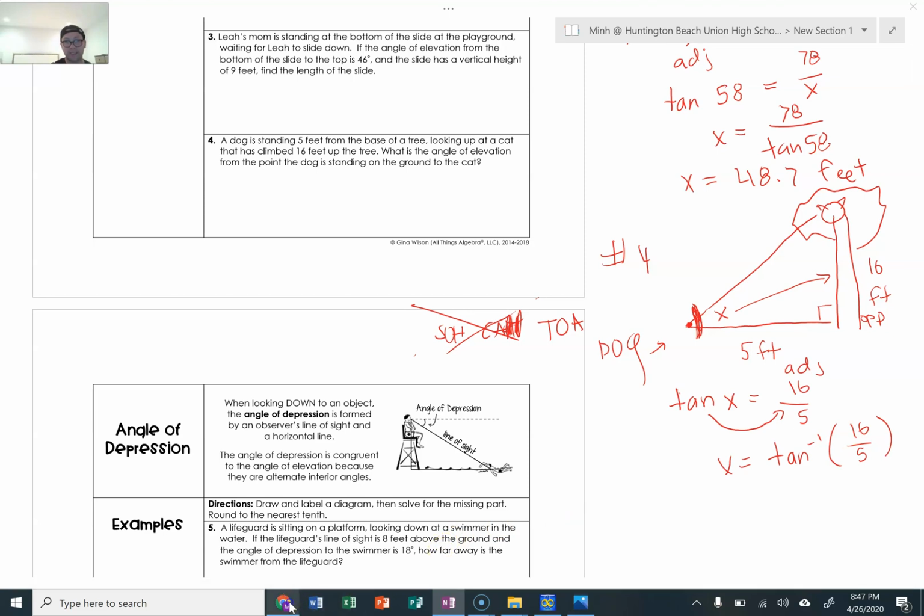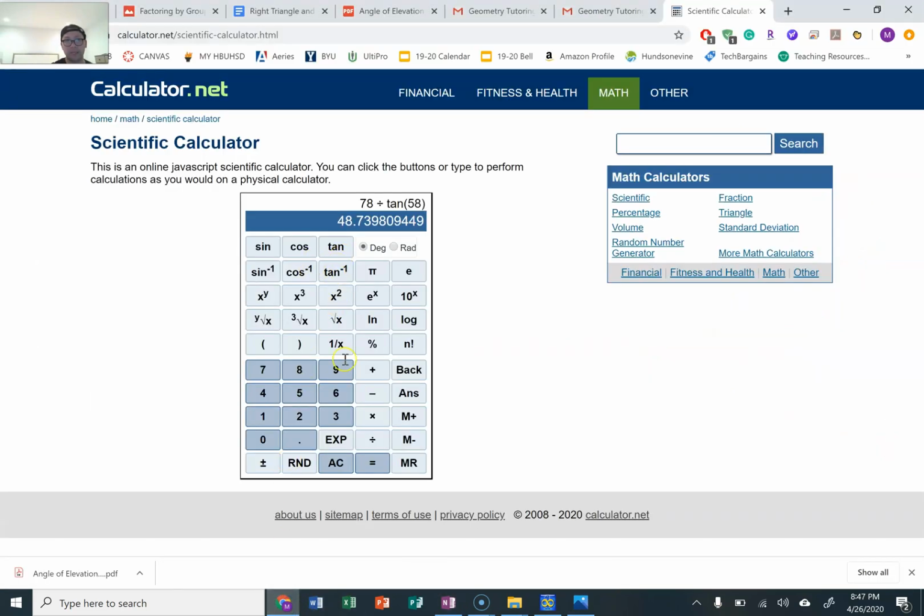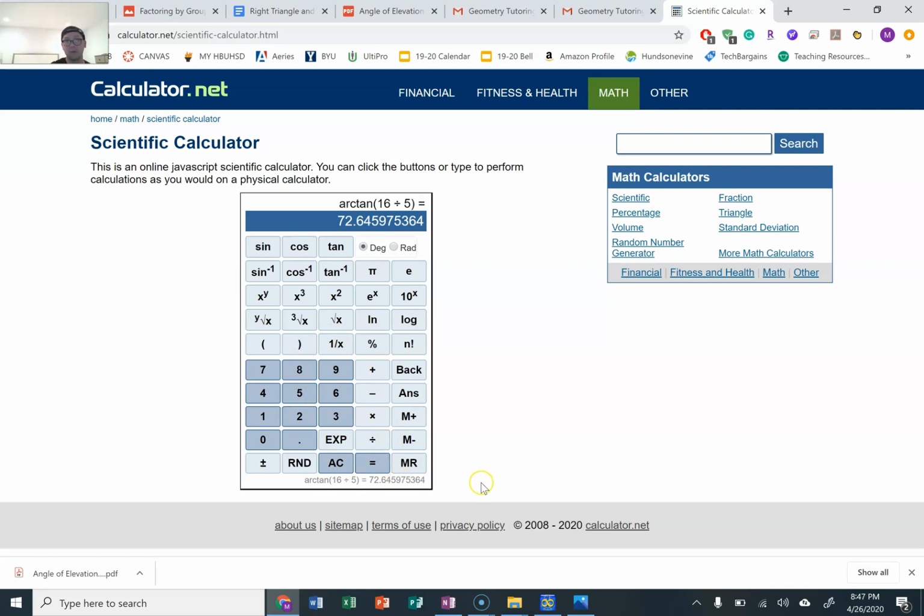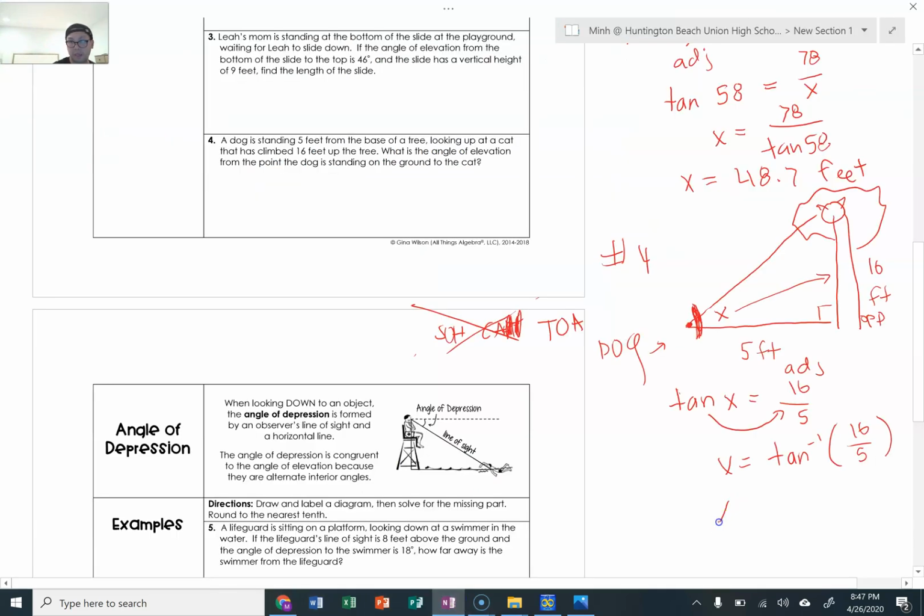Inverse tan 16 divided by 5. And that'll be 72.6 degrees. So the angle of elevation, x, is going to be 72.6 degrees. All right, cool.